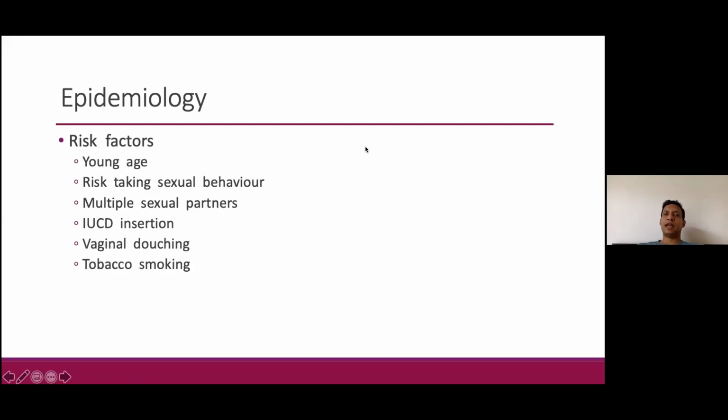Younger age, risk-taking sexual behavior, not wearing condoms, casual sex, having multiple sexual partners, and sometimes when we put in an intrauterine device. And remember, not all PID is due to sexually transmitted diseases like gonorrhea and chlamydia. Most sexually transmitted diseases can cause PID, but not all PID is caused by STI.